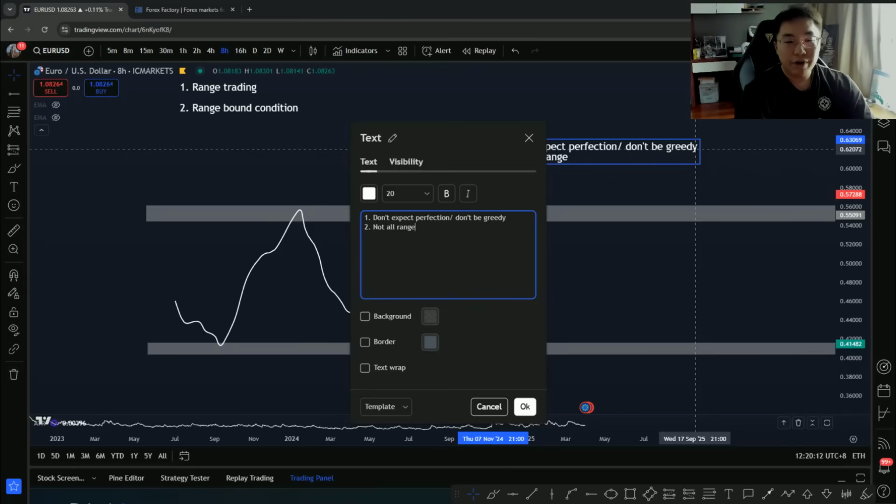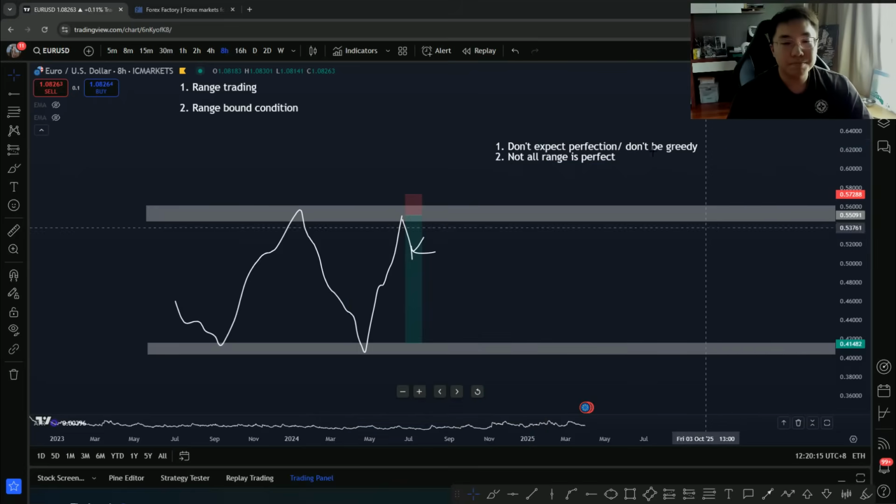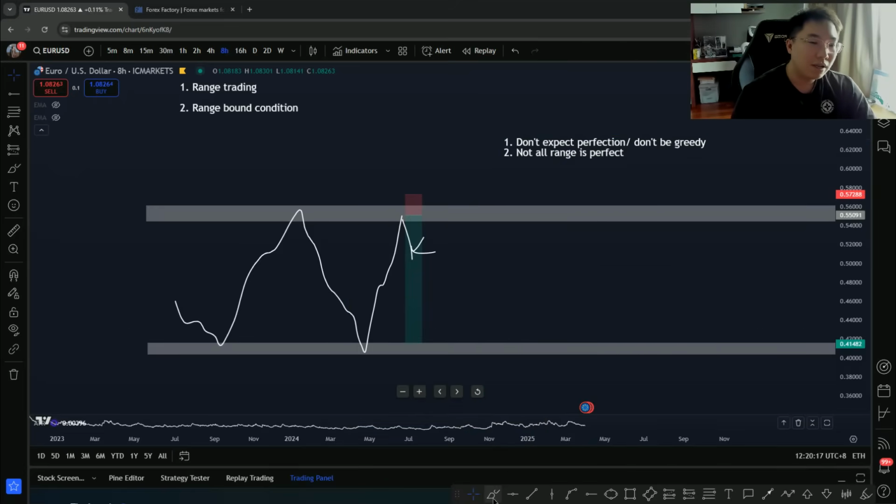Second thing, not all ranges are perfect. Okay, so it goes to the exact Euro-yen example I just showed all of you. When you're trading a range, there will be times where price does this. It seems like it's dropping, and out of nowhere, it does this again. Then when it does this, a lot of people chicken out of the trade, and then it starts dropping.